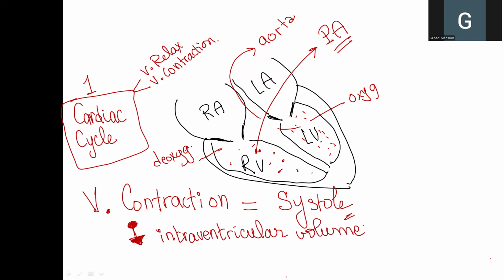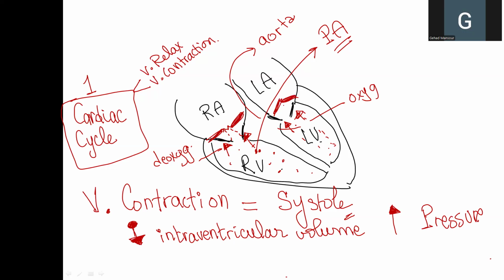And when the intraventricular volume diminishes, the pressure increases inside the ventricles. At that moment, the increased pressure will push upward on the leaflets of the valves, and therefore the valves will move upwards. And when they move upwards like this, they will get closed.